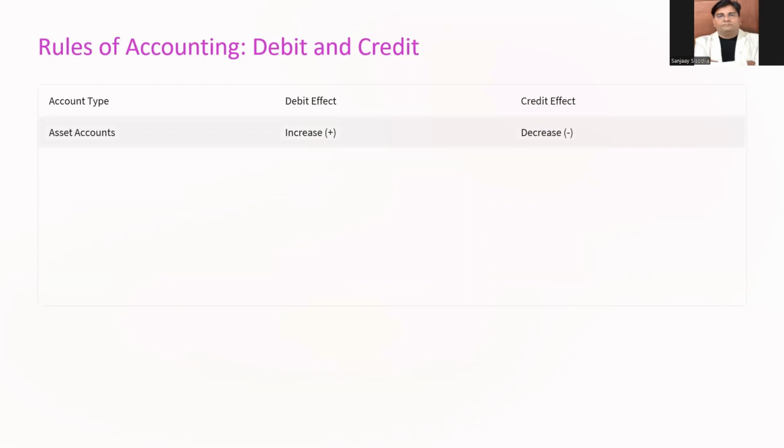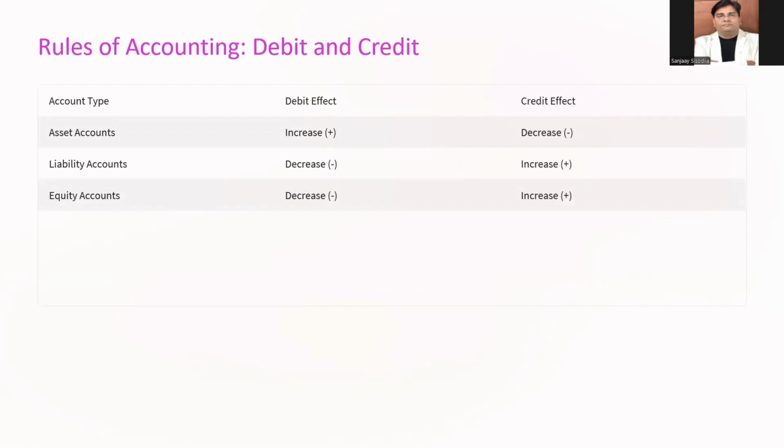And when we talk about the rules of debit and credit, the asset accounts are debited when there is an increase and credited when there is a decrease. In case of liability, if there is a decrease in liability, it is debited. When there is an increase in liability, the liability account is credited.